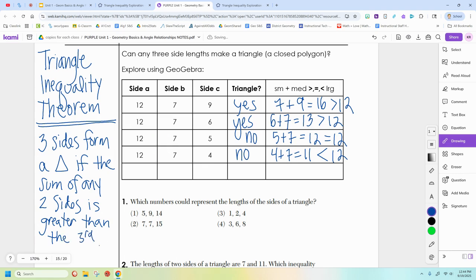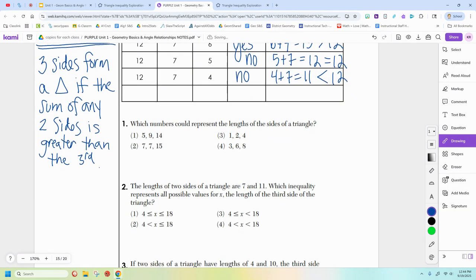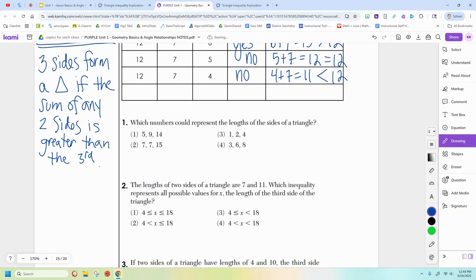So write it down first, and then I'll explain the wording. Can you all read my writing?